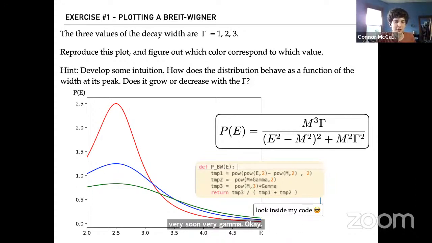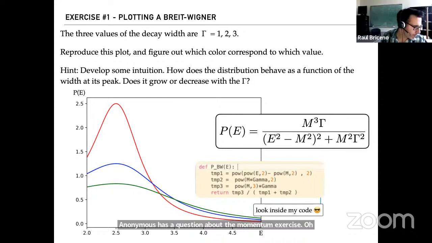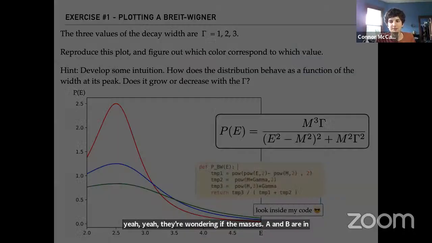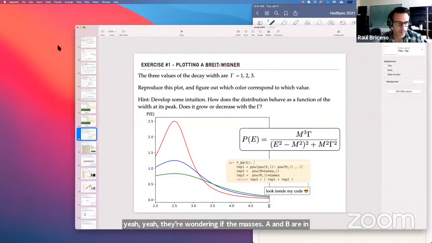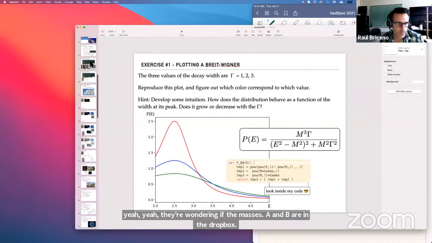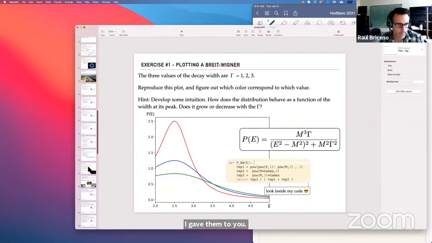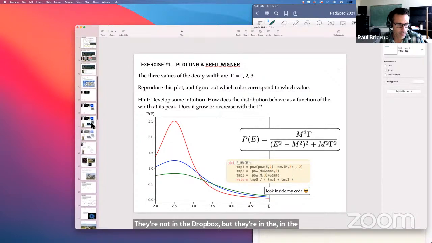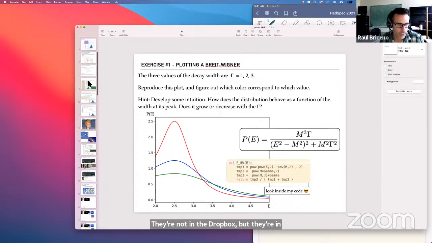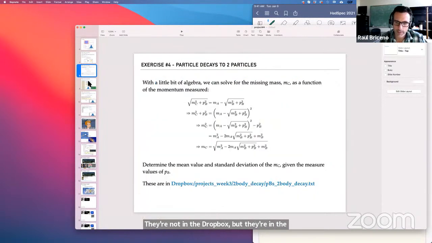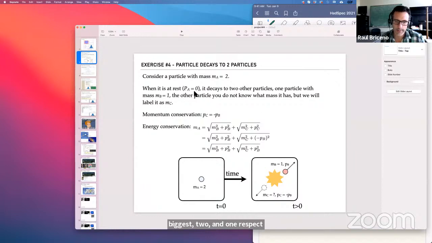Anonymous has a question about the momentum exercise. They're wondering if the masses A and B are in the Dropbox. I gave them to you. They're not in the Dropbox directly, but they're on the slides. I think it's 2 and 1 respectively. They're right here.